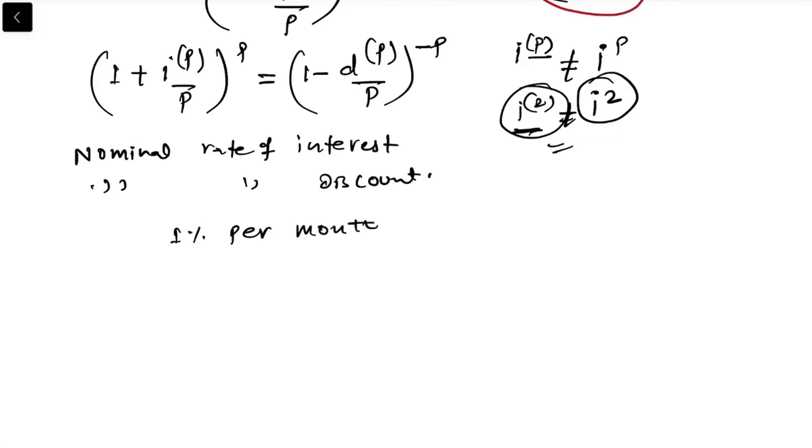Now the person as a general consumer always wants to know the annual rate, to compare with other banks, what percentage is offered by other banks compared to his bank. So what he does is he simply multiplies 1% by 12 and he considers 12% as the annual rate.